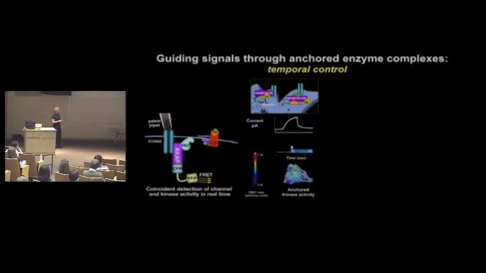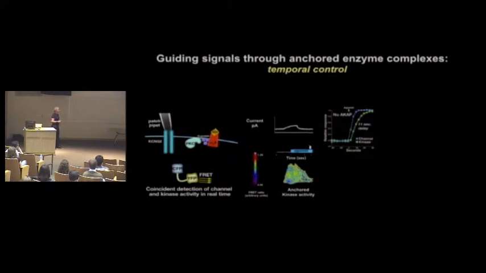So by taking these 2 different parameters, changes in the conductance and the activation of this kinase activity reporter, which is the warmer colors in FRET, you can begin to coordinate 2 events in the signaling pathway. In this case, this is muscarinic suppression of the channel, and that requires phosphorylation and activation of protein kinase C. When you look at the temporal synchronization, when you remove the anchoring protein, these 2 events are uncoupled by about 11 seconds.